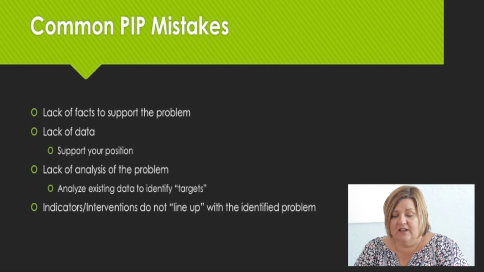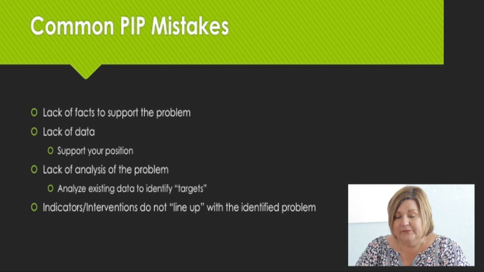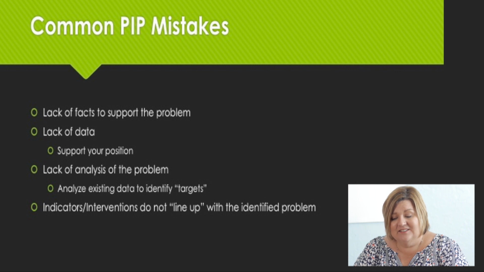Thanks, Rama. So let's just go over the common PIP mistakes that we're going to focus on today. In the second slide in your slide deck, you'll see the common PIP mistakes: a lack of facts to support a problem, a lack of data that will support your position, and a lack of analysis of the problem.